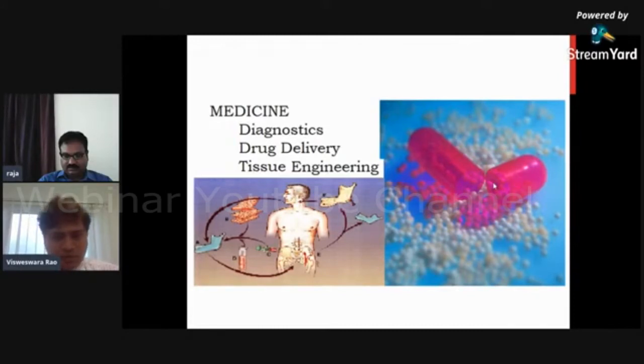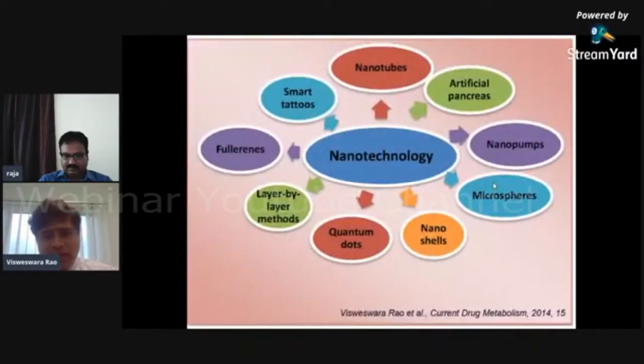The institute where we are working is not mainly focusing on tissue engineering. So drug delivery can be done, and diagnostics. Even some of the doctors we work with use nanoparticles, and sometimes nanoparticles can be doped with different types of materials and then used for various types of diagnosis of different diseases.